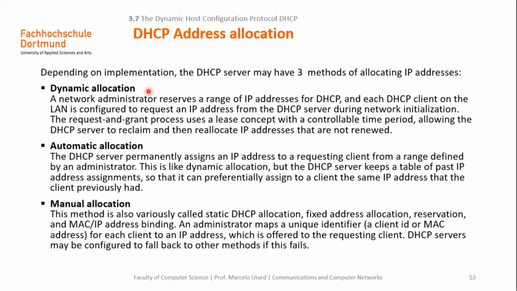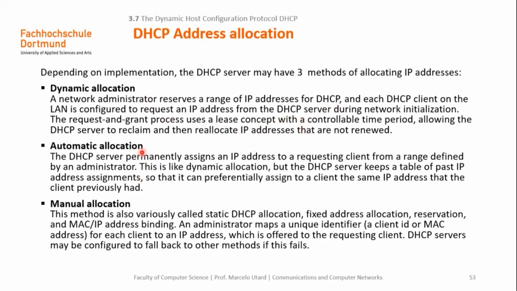One is the typical dynamic allocation: the network administrator reserves a range of IP addresses for DHCP, and each DHCP client on the LAN is configured to request an IP address from the DHCP server during network initialization.